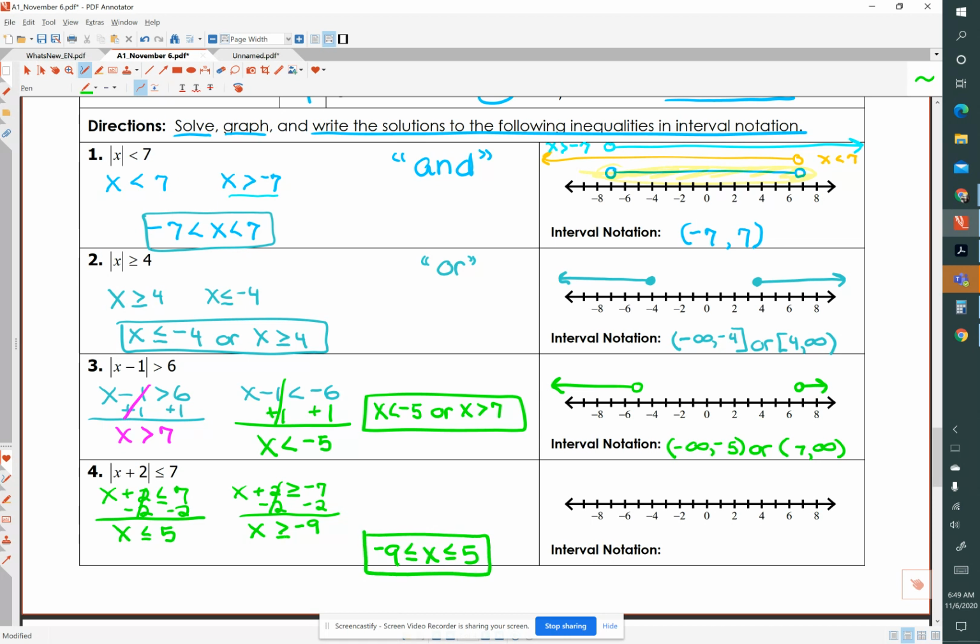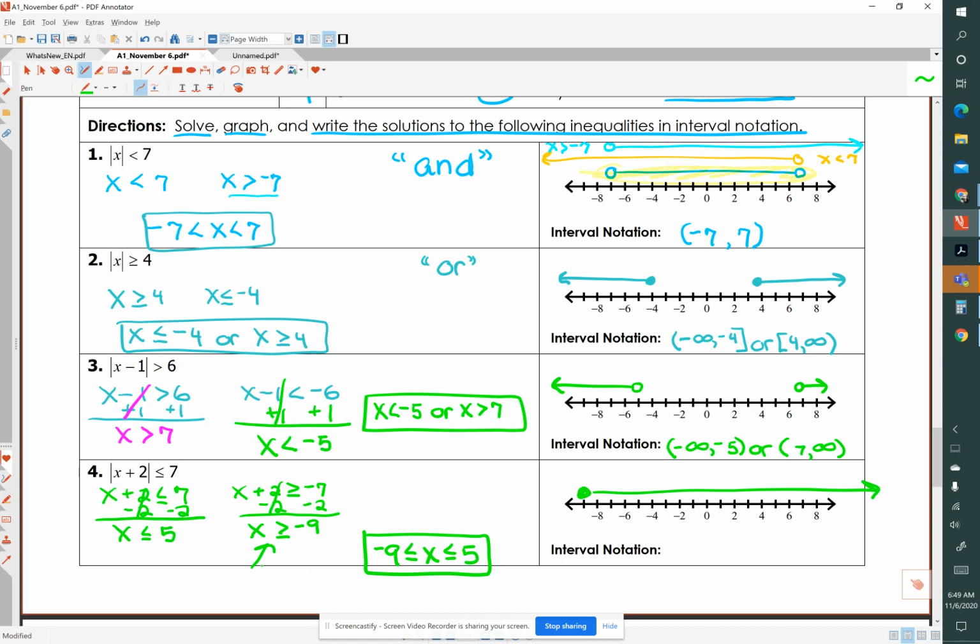Because remember, if we're saying x is greater than or equal to -9, let's just take a look at the graph. Here's our -9. If we say that x is greater than or equal to it, then our graph goes out to positive infinity.